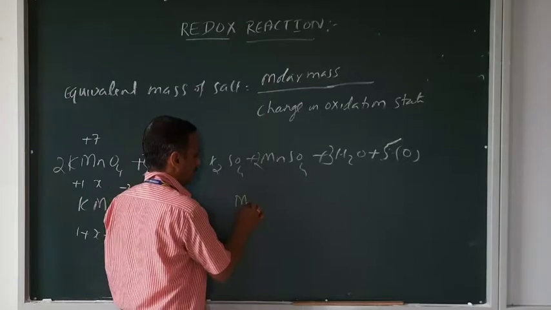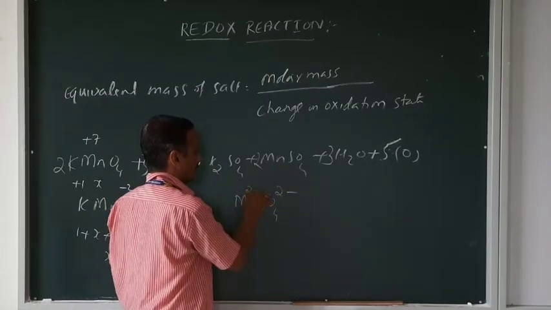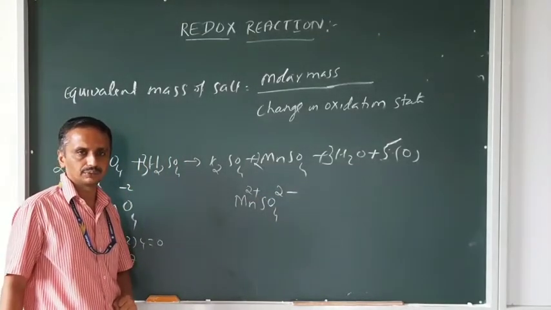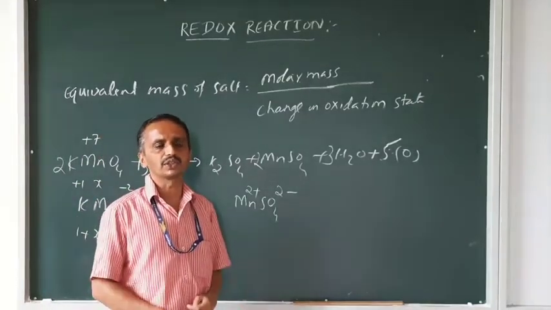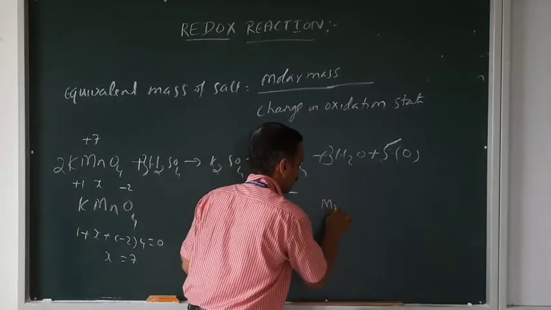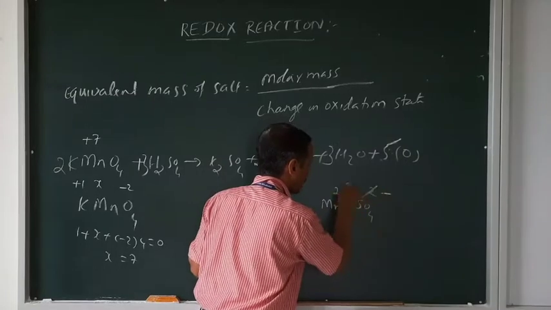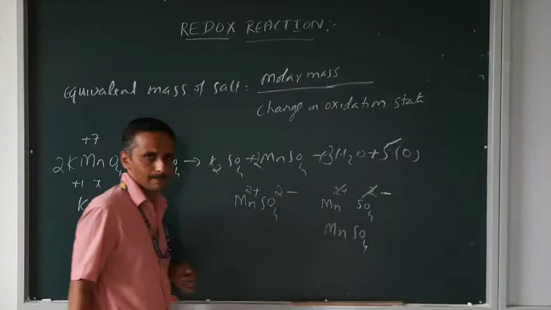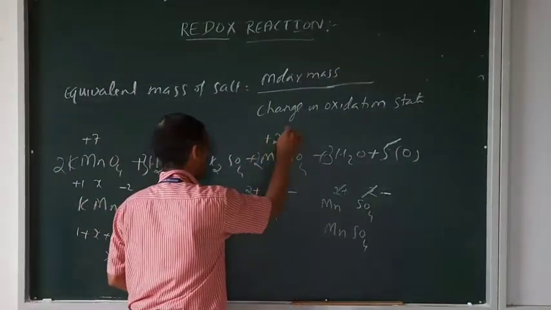See here, in MnSO4, sulfate is minus 2, therefore Mn should be plus 2. This is easy to calculate because you may not know the oxidation state of sulfur. Mn 2 plus and SO4 2 minus cancel, giving MnSO4. So this Mn is in the +2 state.